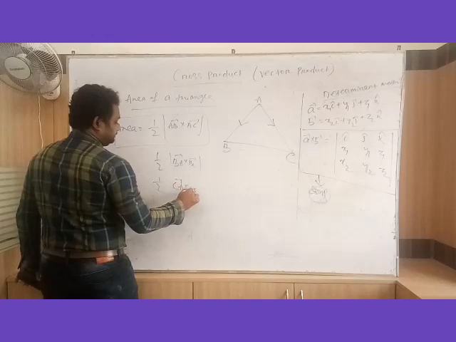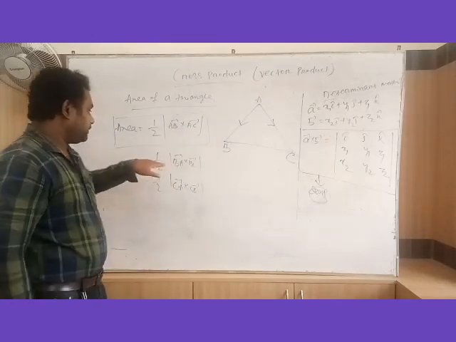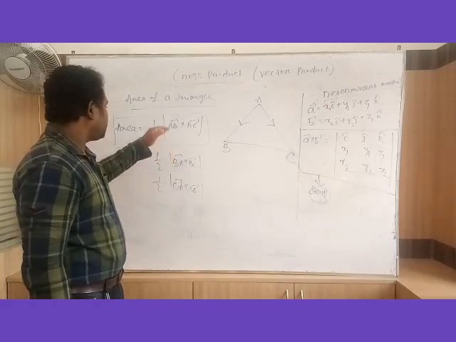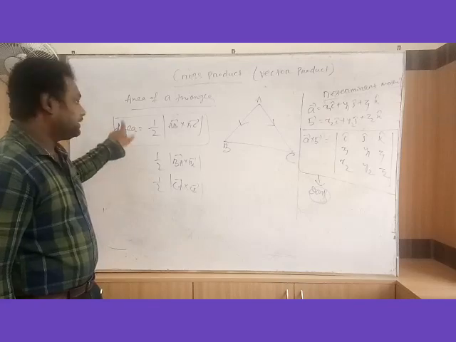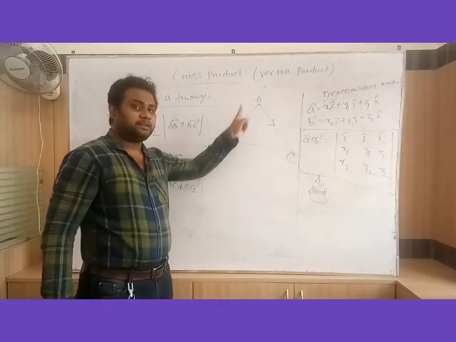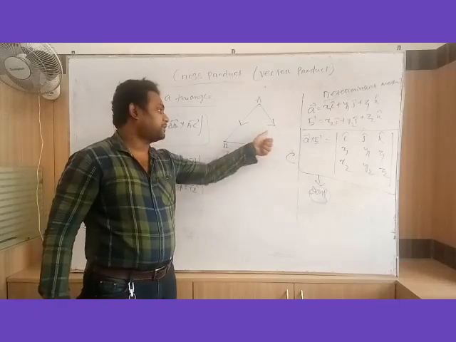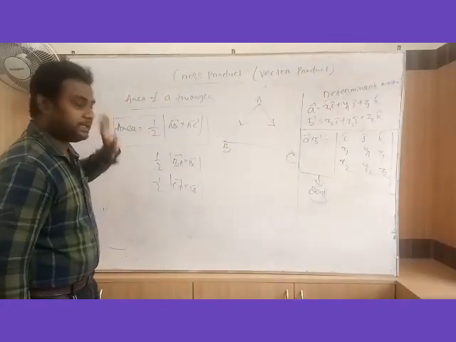From any point you can find the area of the triangle. But the easiest way is AB vector, AC vector, then find the cross product, then its magnitude, then put the value in the formula. Okay.